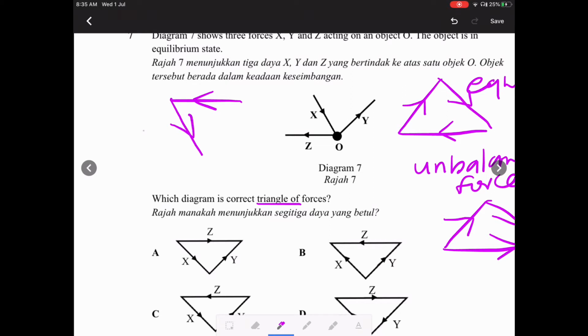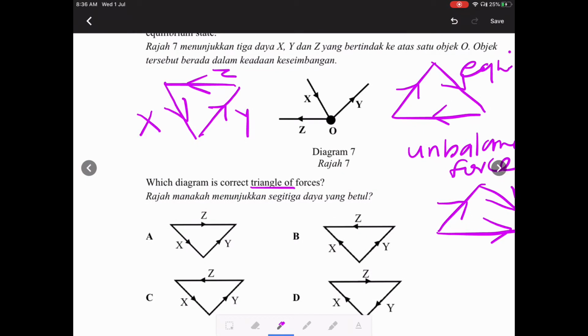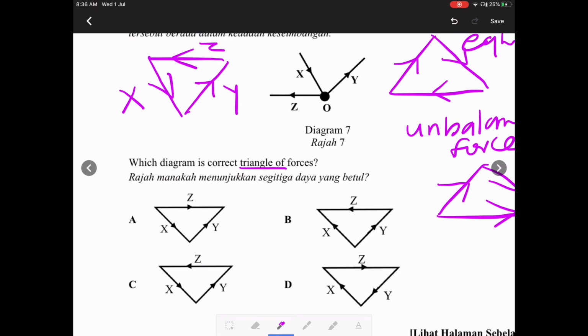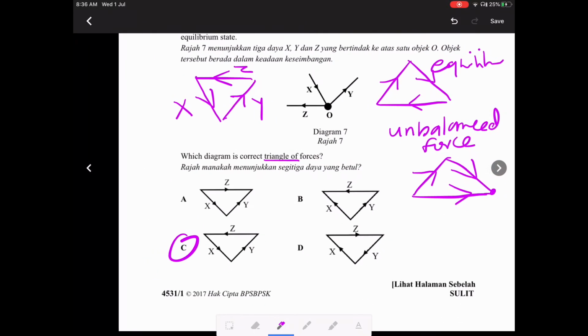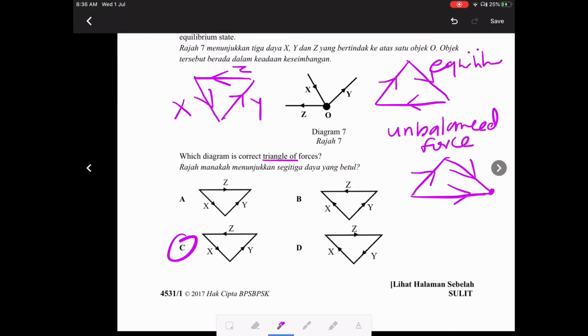So, this is X. So, this is Z. Okey, dan completekan dia punya triangle macam ni kan? So, anak panah dia mestilah ke atas, which is sama dengan Y. Okey, jadi mana pilihan jawapan dia yang betul? Okay, I think the answer is C. Okay, faham tak? So, ini ialah terma lagi equilibrium forces.